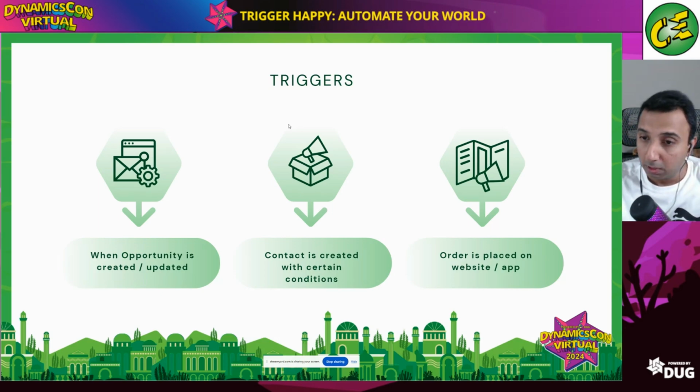So for example, if we have an order placed, yes, we can create a trigger and send out the email notification on the back of it as well. This is not only tied to a custom website or portal itself. We can also utilize any mobile app, or any app which we use.